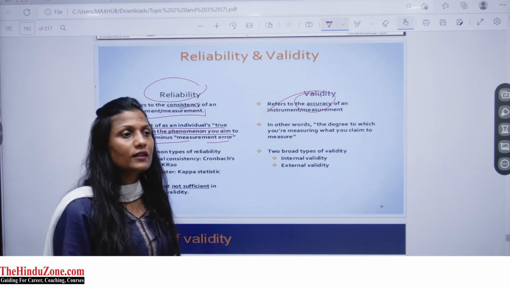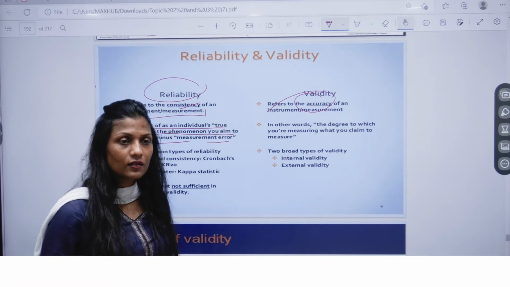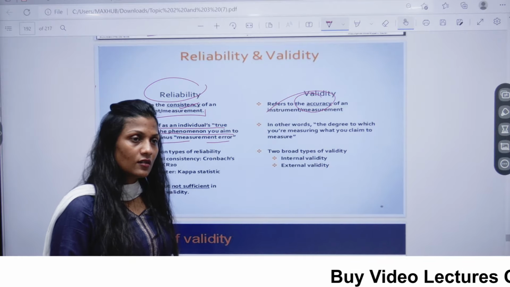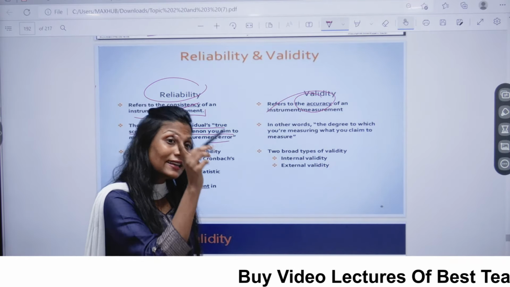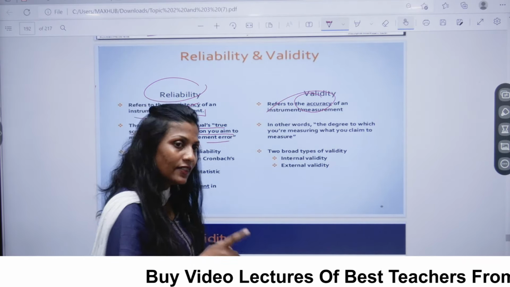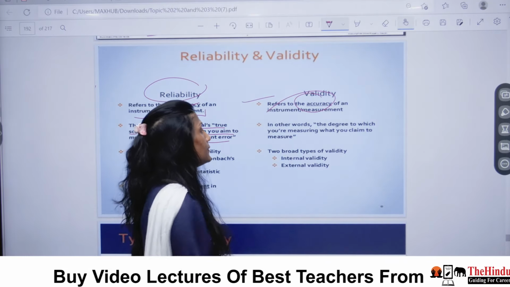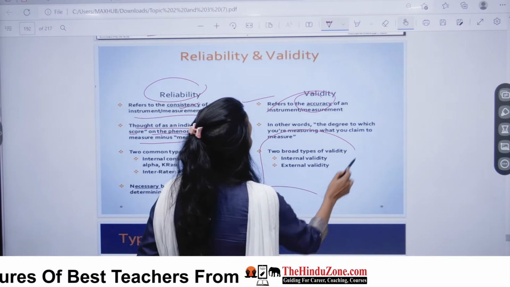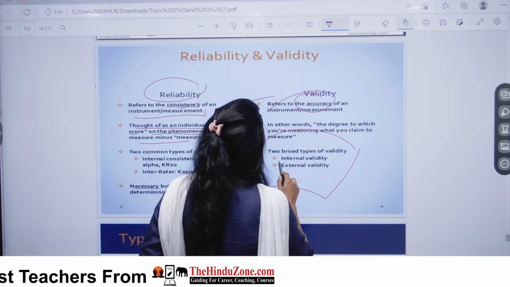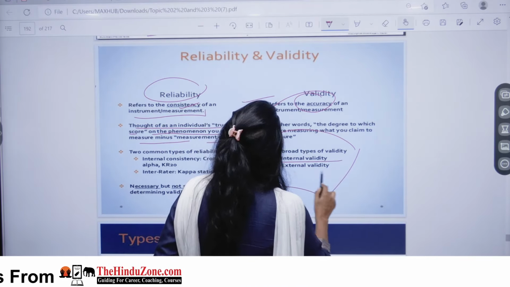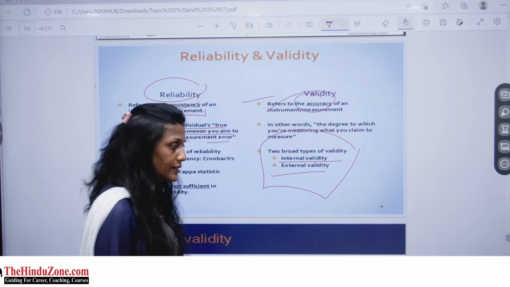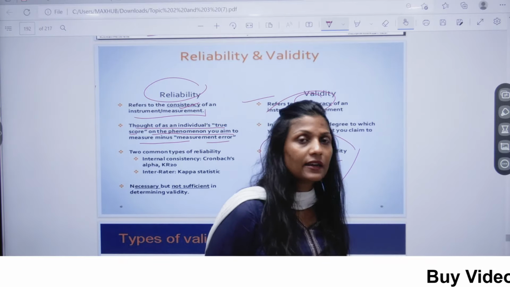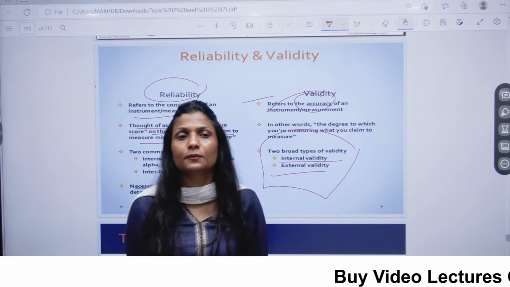If I wanted to understand the economic reasons why poverty is emerging, and I could understand the religious reasons only, then my research is not valid. In validity, we have two broad types: internal validity and external validity. Okay? So online aspirants, are you finding any difficulties?